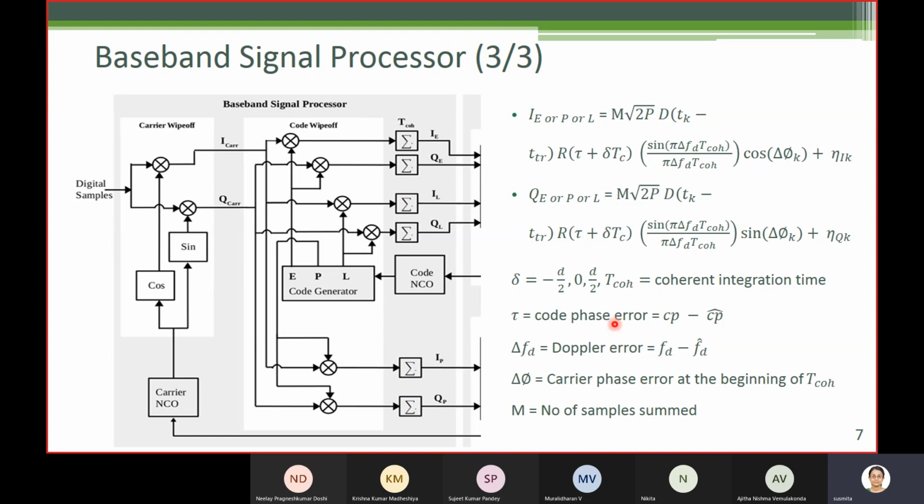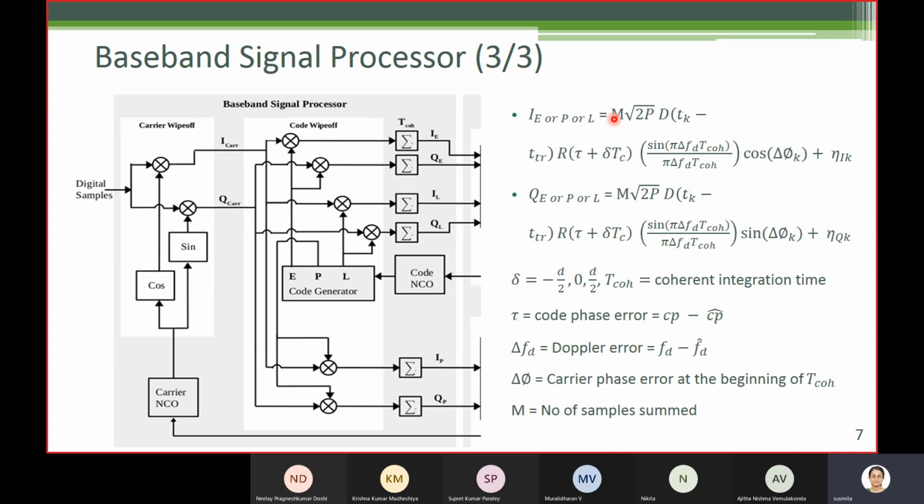So in a millisecond, how many samples will be there? If 5 megahertz is the sampling frequency, 5 into 10 to the power 6 into 1 millisecond, 10 to the power minus 3, so 5,000 samples will be there, 5,000 will be multiplied. If T coherent is taken as 20 milliseconds, 5,000 into 20 will be multiplied here.